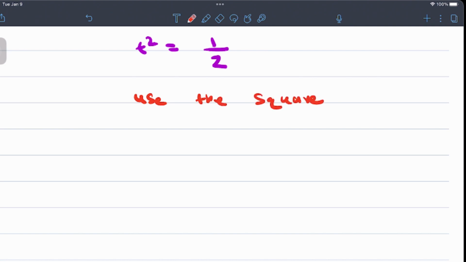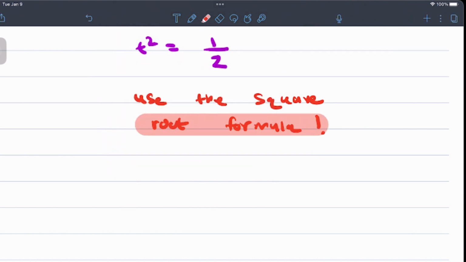Yes, the square what? Root formula. So when you use the square root formula, we get t is plus or minus the square root of 1/2. Okay, you guys okay with that? Right? Isn't that the square root formula we already talked about?